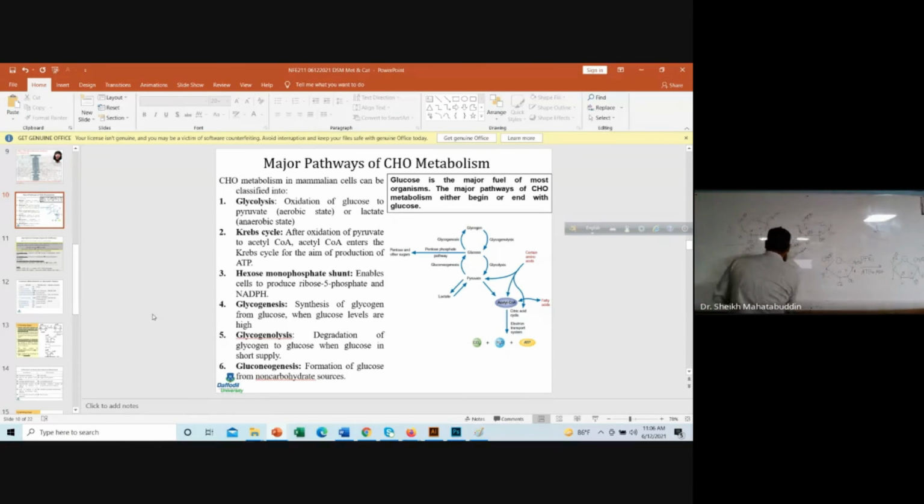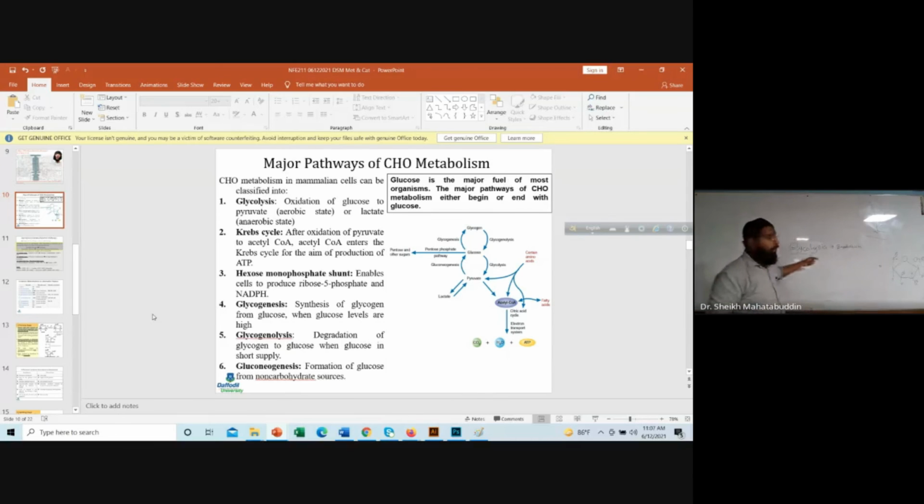The basic 6 processes will give you the idea about carbohydrate metabolism, and we can remember them from the name. Glycolysis: lysis means breakdown. So what will break down? Glucose. So glycolysis is the process by which glucose breaks down.